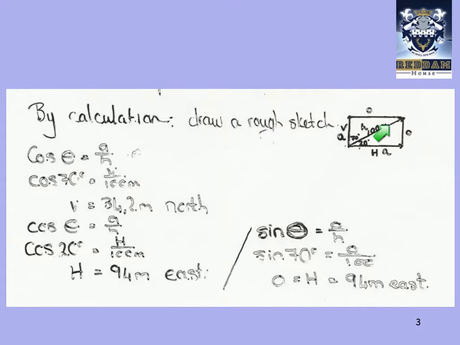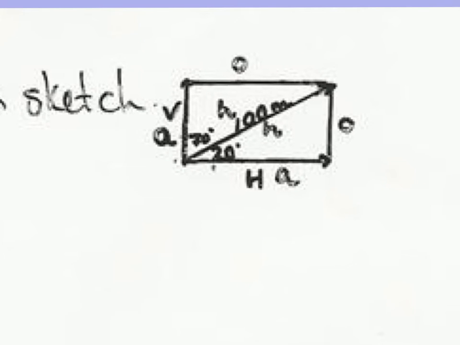So I draw my 100 meters up there, I put in a vertical, I put in a horizontal. If I look at that then, I can put in the 70 degrees it's on a bearing of, and now I have got an opposite side and an adjacent side and a hypotenuse using this triangle over here.